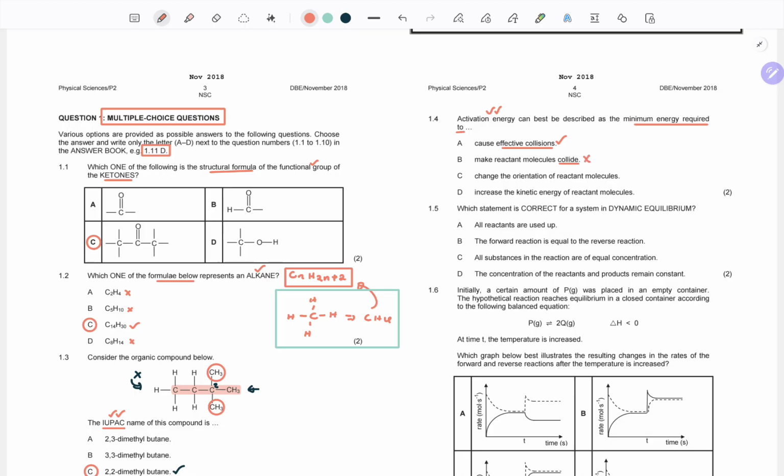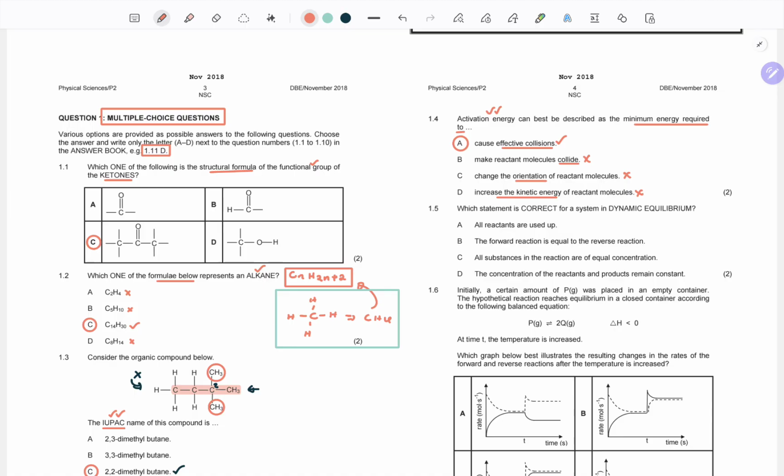So this one, not quite. Change the orientation of reactant molecules, not necessarily. Increase the kinetic energy of reactant molecules. It does not increase, so no. I would choose A as the best answer there. The rest doesn't make sense.